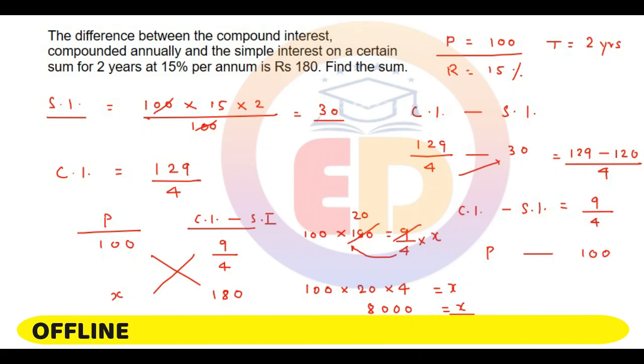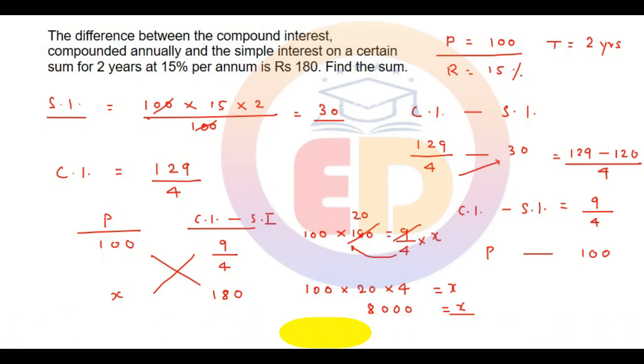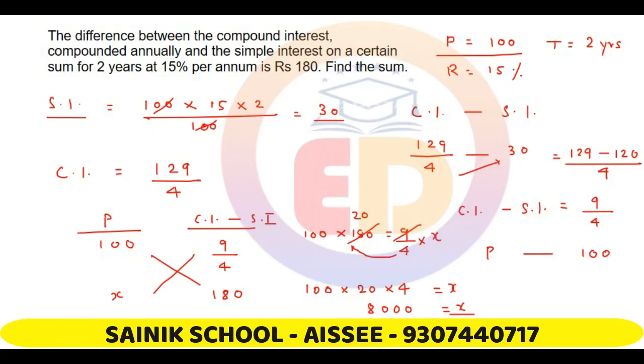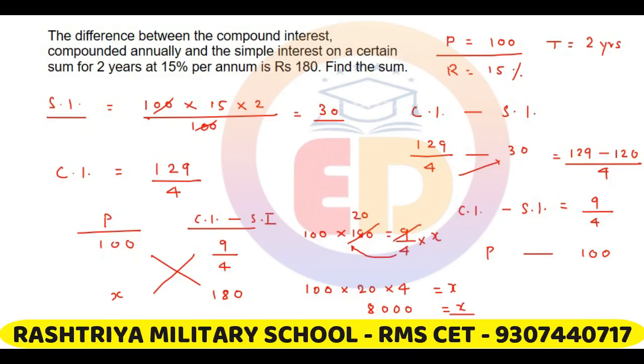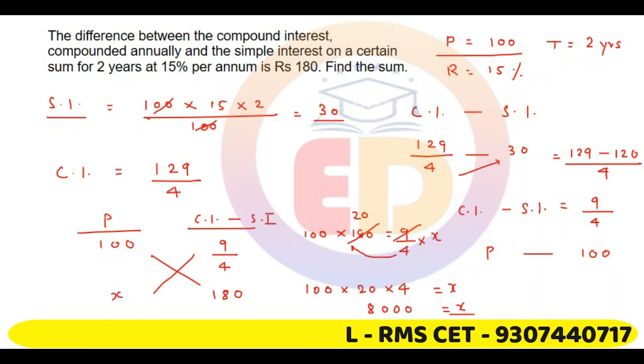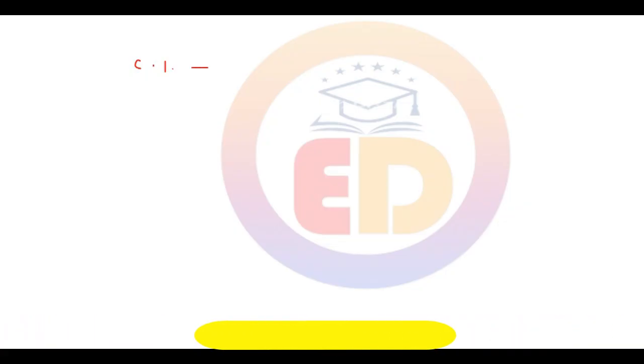The question was slightly challenging. However, we can also solve this question using an alternative approach. Let's have a look at the alternative approach. Now this formula is applicable for 2 years only.